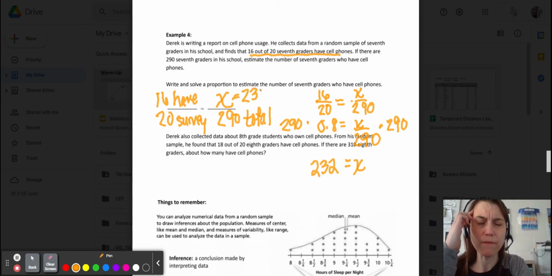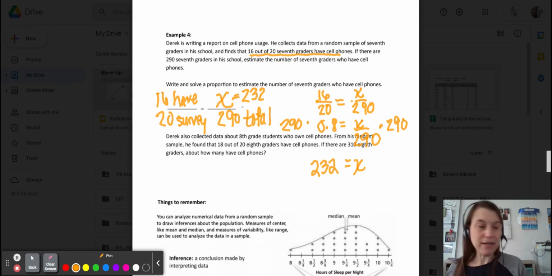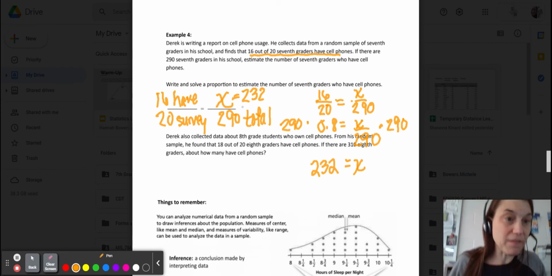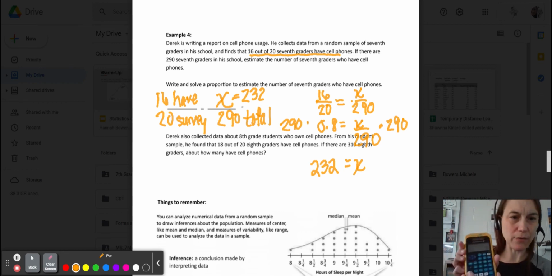Now I'm going to put this back in my original ratio and ask myself: does it make sense to say that 232 seventh graders have a cell phone out of 290? If I look at my original ratio, 16 to 20, I can put that in a calculator, 16 over 20, enter, and then use the calculator to simplify.